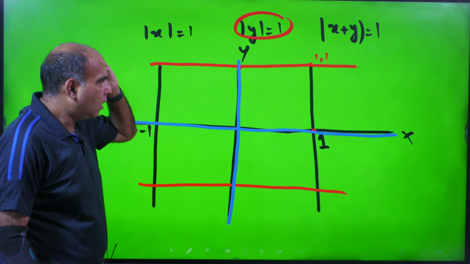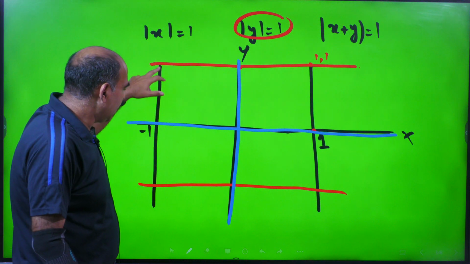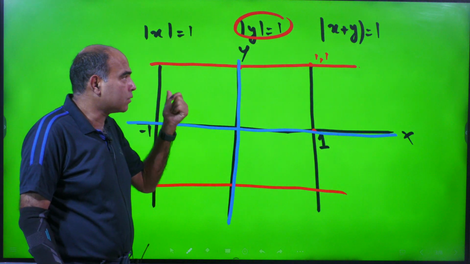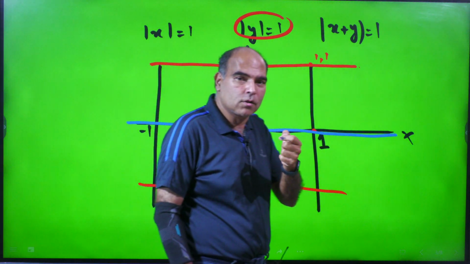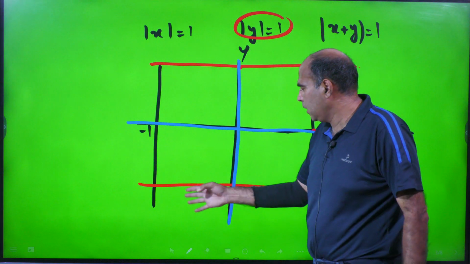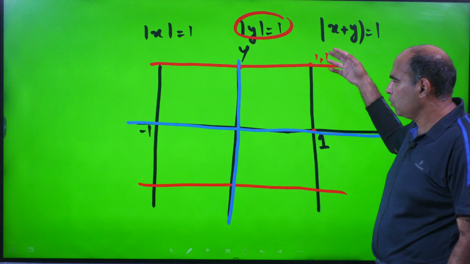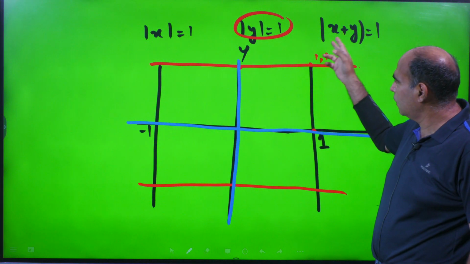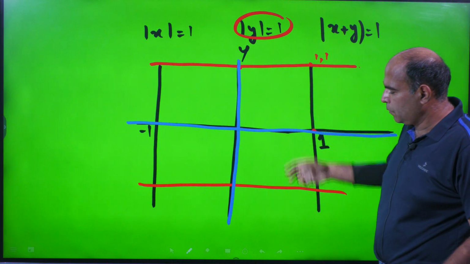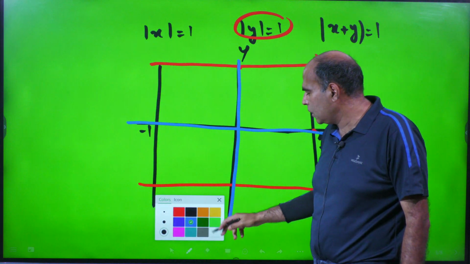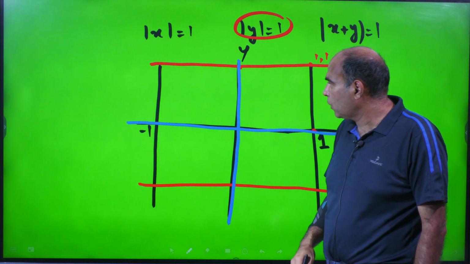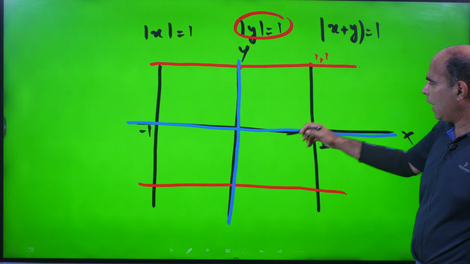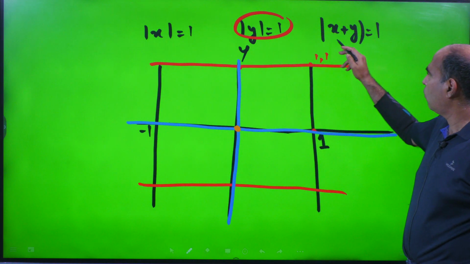So the key now is this square that you're getting between the red and black lines. If the question was only |x| = 1 and |y| = 1, then the answer would be a base of 2 and a height of 2, so 4 would be the area of this square. But there's a third curve also being talked about. To see what |x| + |y| = 1 looks like, you can start off by asking, at x = 0, what happens to y?